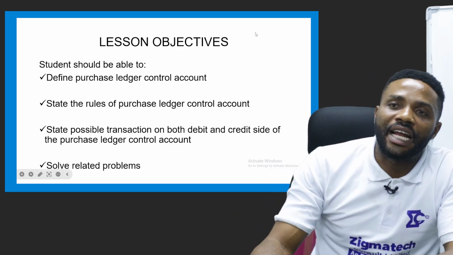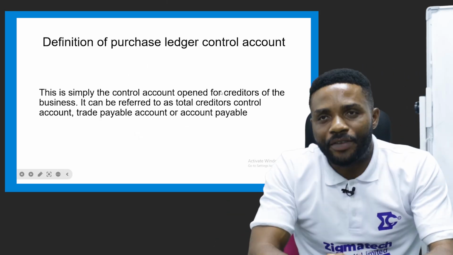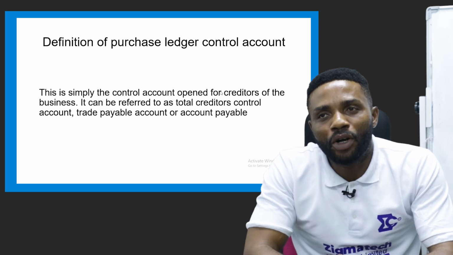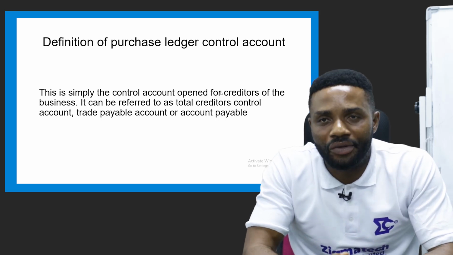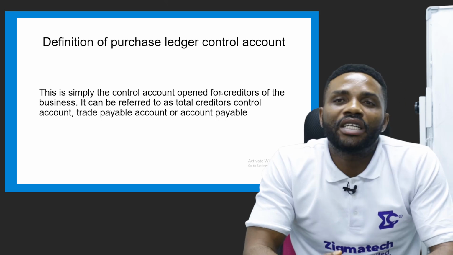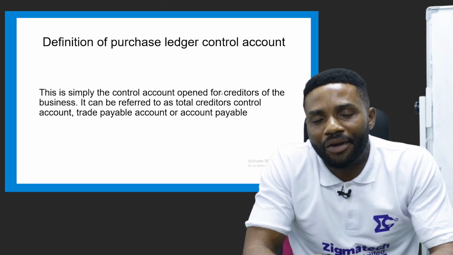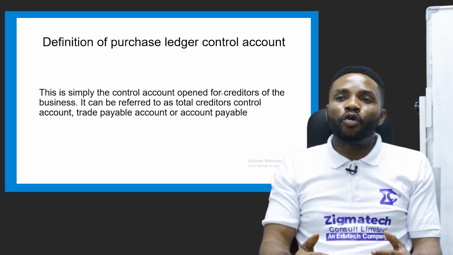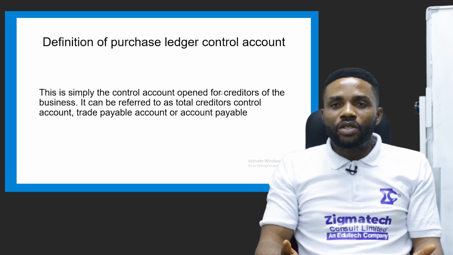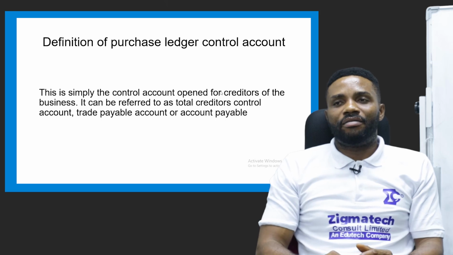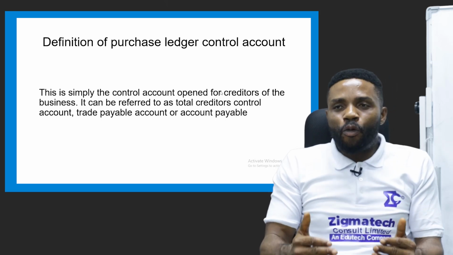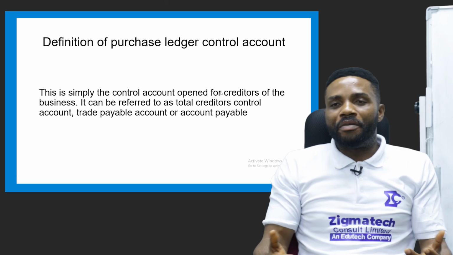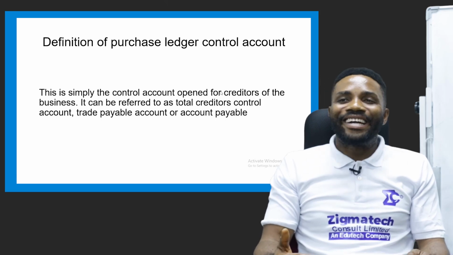All right, having said that, let's look at the definition of purchase ledger control account. If you are asked, what is purchase ledger control account? Purchase ledger control account is simply the control account opened for creditors of the business. Who is a creditor?